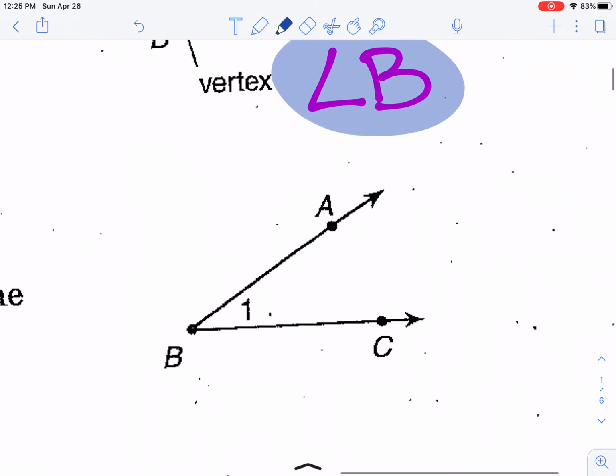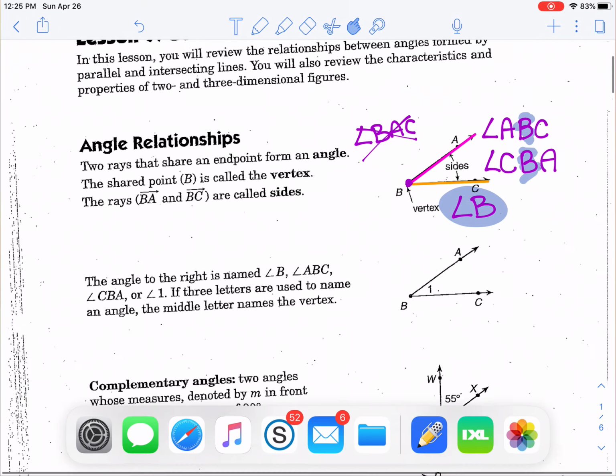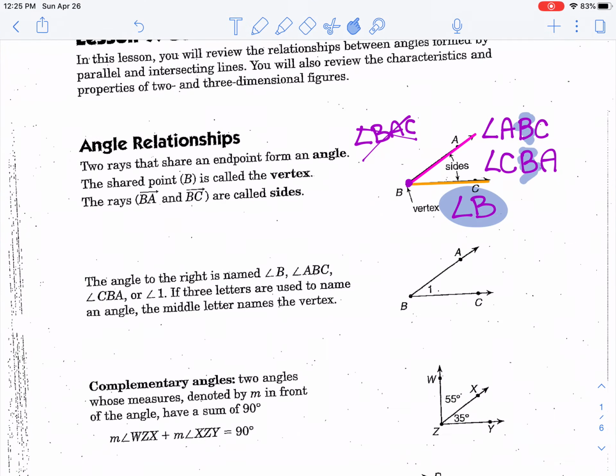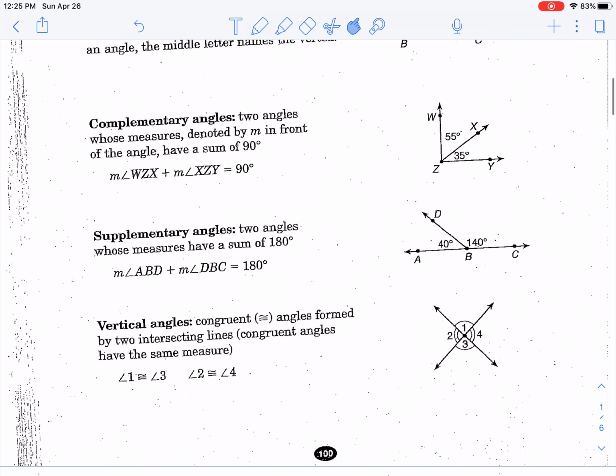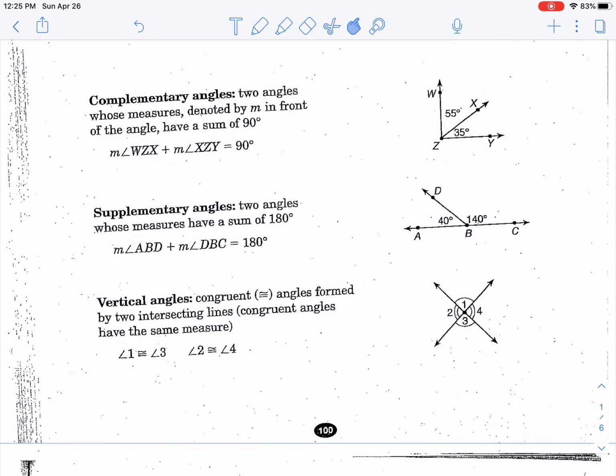Last time we looked at some angles, and we looked at ones that looked like this. We looked at complementary angles because they are angles that equal 90 degrees. We also looked at supplementary angles, which were two angles that equal 180 degrees.